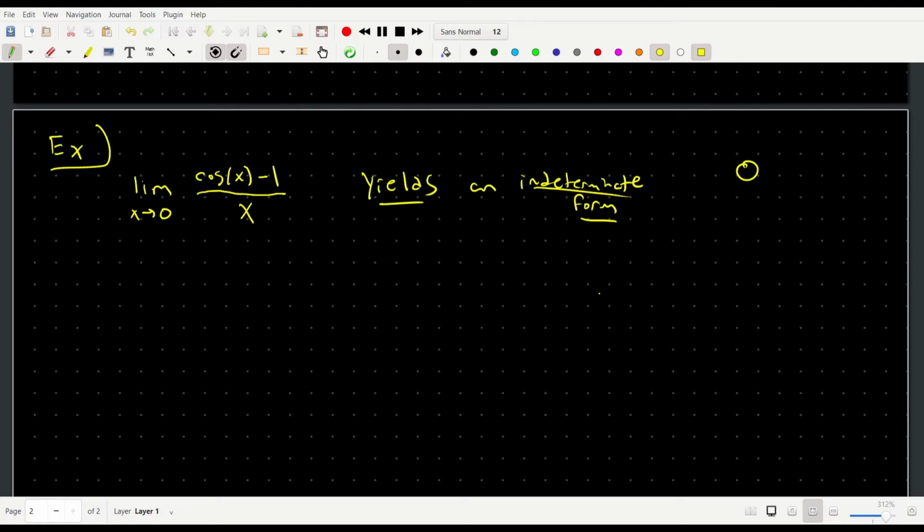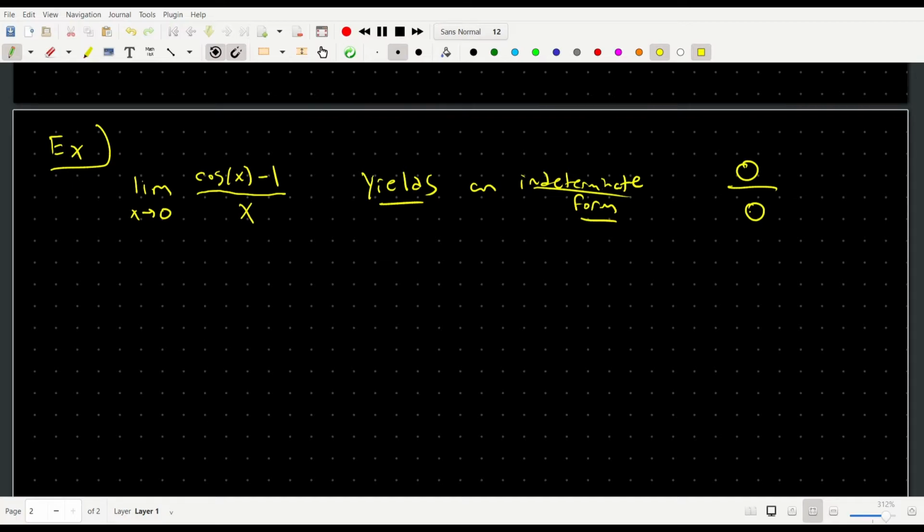So the numerator is going to 0, and the denominator, the function x, which is g of x, is also going to 0. So this limit yields the indeterminate form 0 over 0.